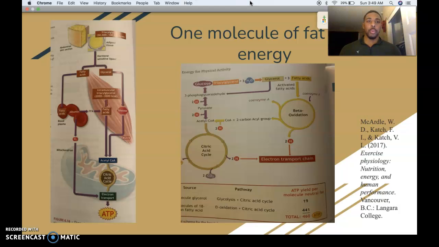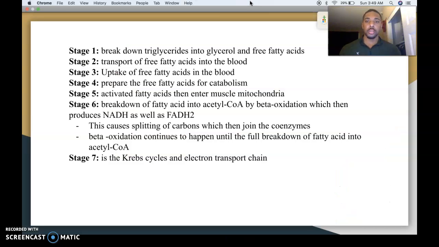As for 1 molecule of fat into energy, these are the diagrams we'll be using. They are also from the text. Stage 1 is breaking down triglycerides into glycerol and free fatty acids. Stage 2, transport of free fatty acids into blood. Stage 3, uptake of free fatty acids in the blood.